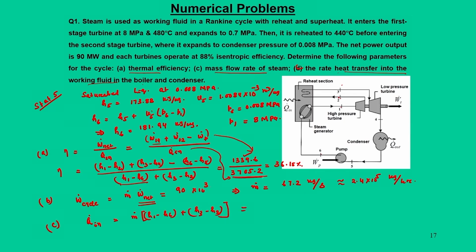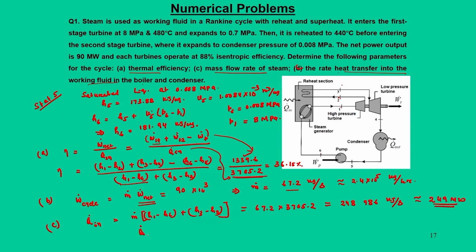This number is the one in the denominator earlier. We know m dot is 67.2, and this number we have already found out. So, 67.2 into 3705.2 is 248,986 kilojoule per second, or approximately 249 megawatt.